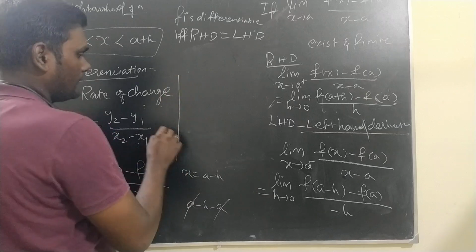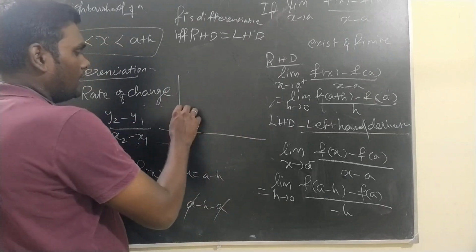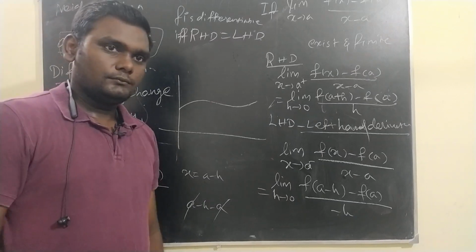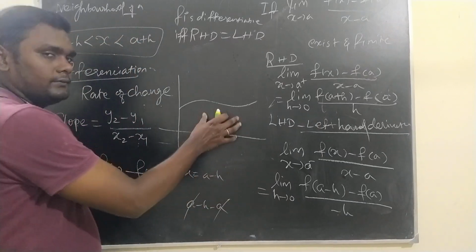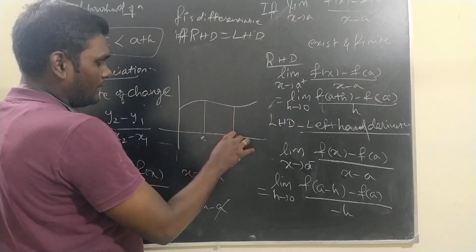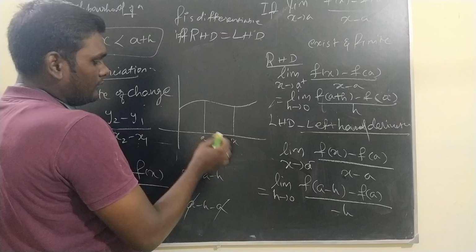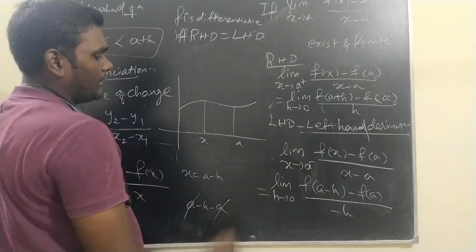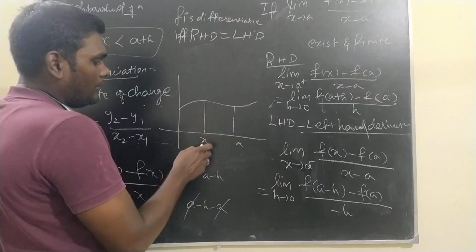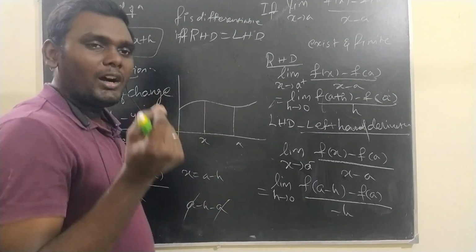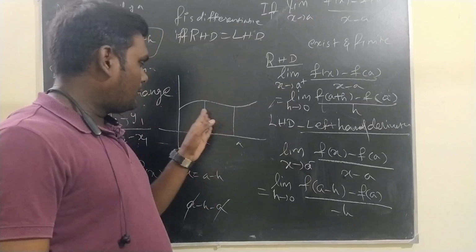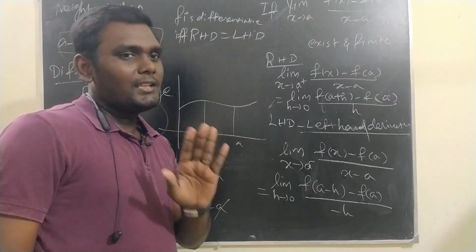This is the curve of the function, right? In this curve, let us mark some random point A, and some random point x, here x, here A. From this point to that point, what change has happened?